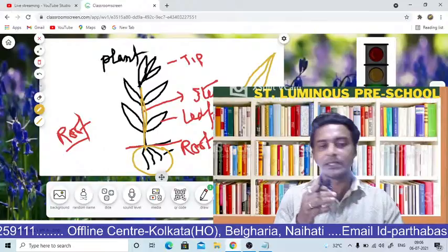Actually, according to height, we can say the plants are of three types. Number one, trees. Number two, shrubs. Number three, the herbs.